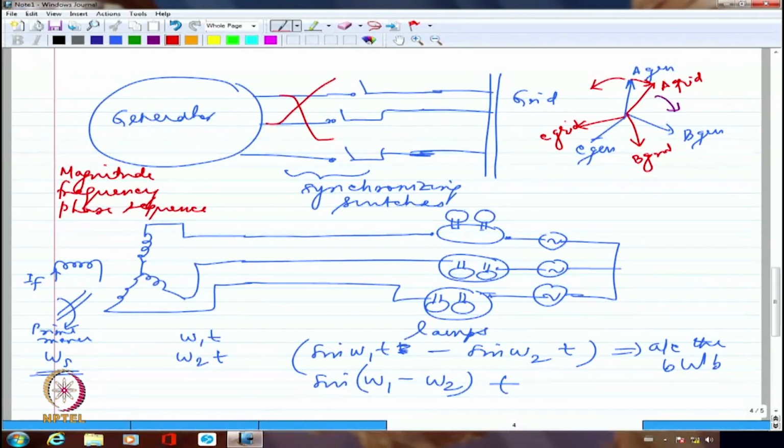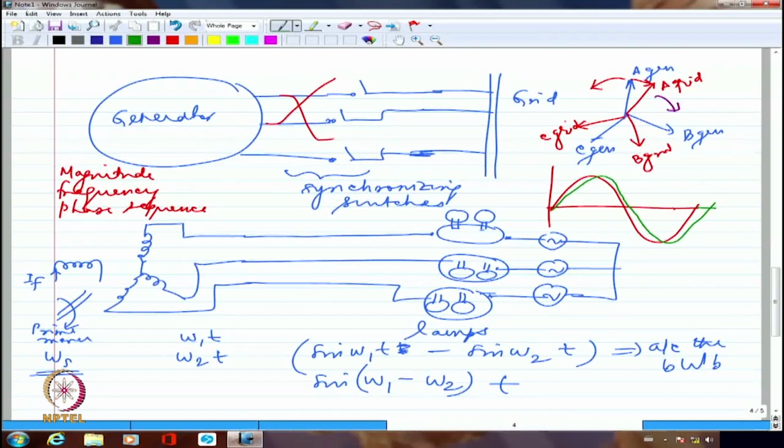Now, even if there is a small difference in frequency, as I told you, this is my generator sinusoid, and maybe the other one is almost close in frequency, but still there is a small variation. Maybe, because I'm doing it manually, I don't know if it is like 49.95 and 50. Still there will be a small phase error accumulated.